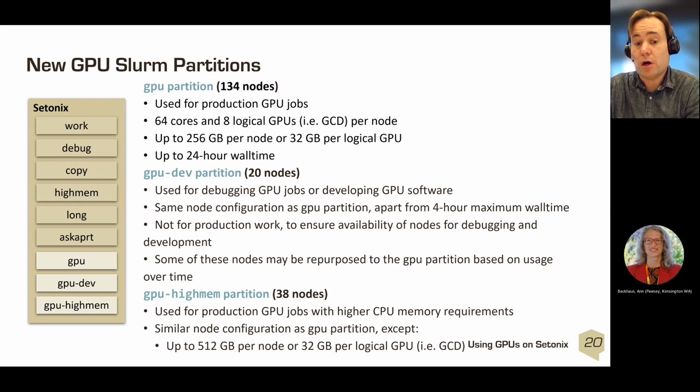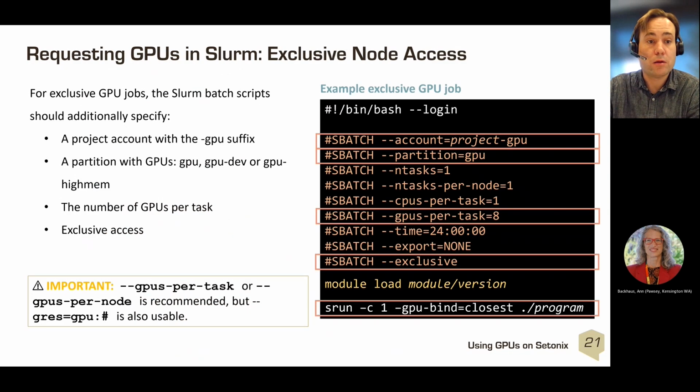We also have the GPU high-mem partition, which contains those 38 nodes that have higher CPU memory of 512 gigabytes per node. So in terms of requesting exclusive access through Slurm, as I mentioned, it's really important to include the -gpu suffix on the project account, as well as specify the GPU partition that you'd like to use, which could be the GPU, GPU dev, or GPU high memory, depending on the type of work that you're doing, as we just discussed.